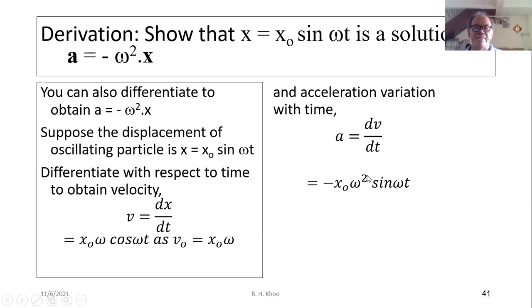That's why omega squared. So that is your acceleration, a naught. We can see that x equals x naught sine omega t. Take x naught out, sine omega t, we can rewrite that as minus omega squared x. That's how we show the solution. Substitute into the equation. If it comes out as a solution, then we have shown it.